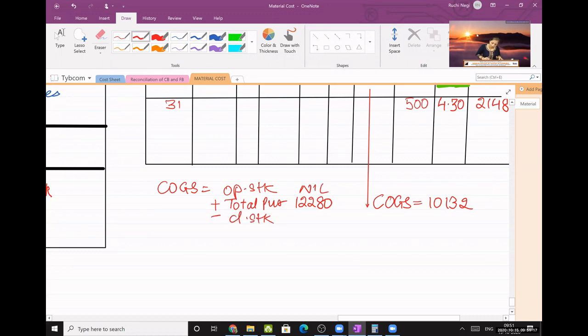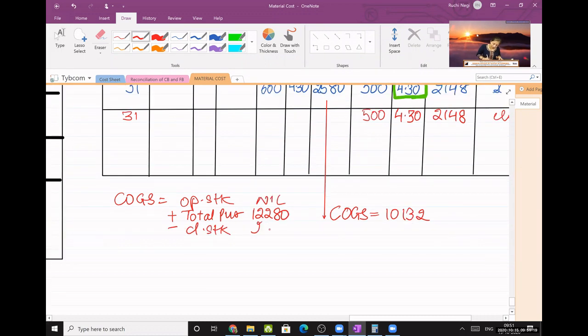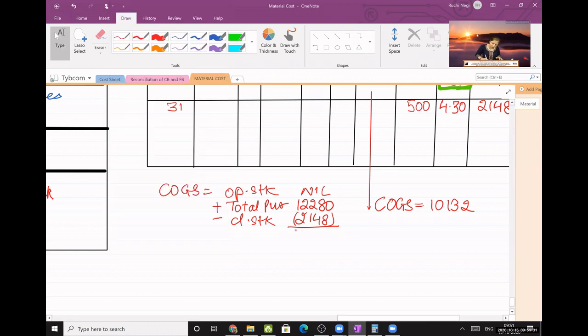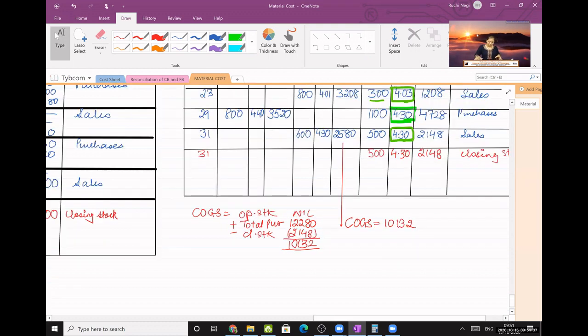How much is my closing stock? 2148. Okay, so subtract 12,280 minus 2148. 10,132. Obviously, it has to match. Okay, clear with the sum?